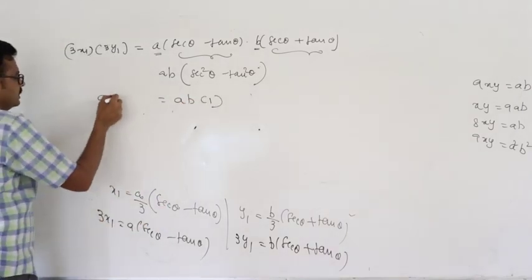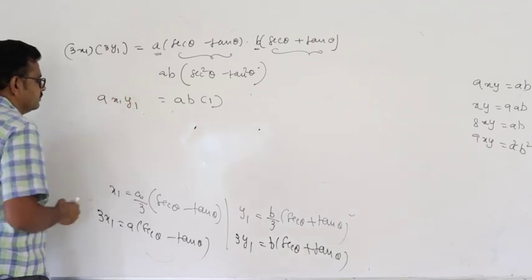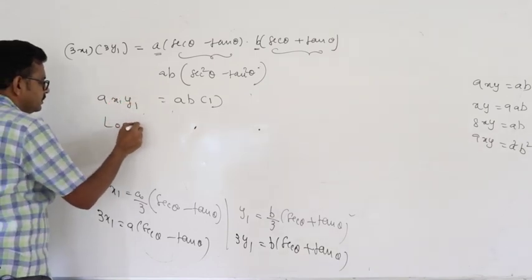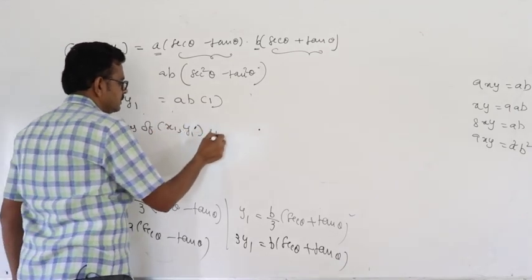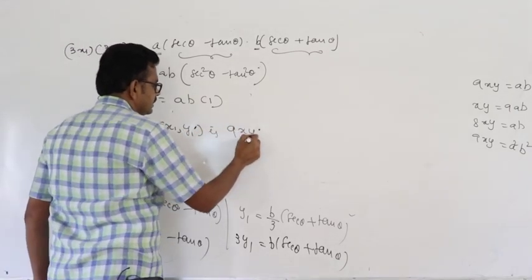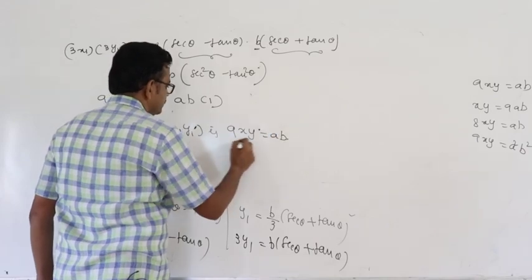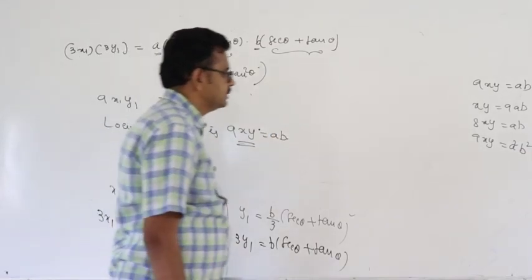Therefore, this is 9x1y1 equal to ab, so the locus of x1 comma y1 is 9xy is equal to ab. So, first option is correct.